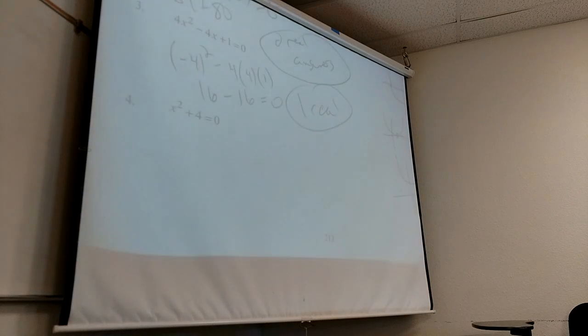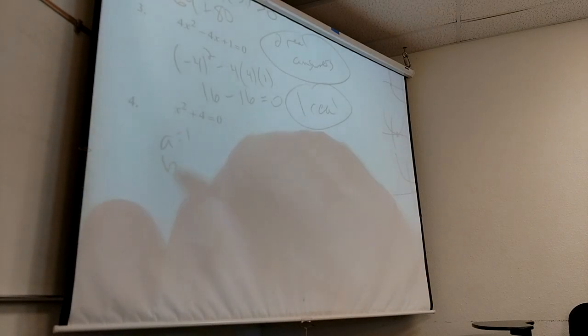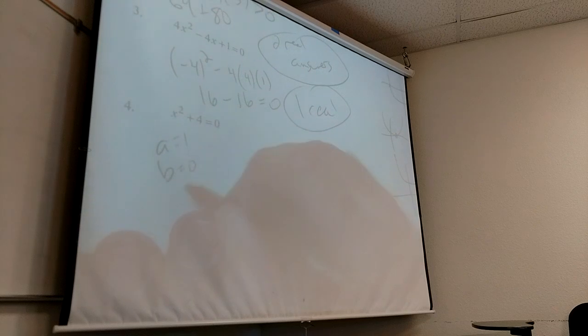So what about number 4 if you haven't done that one yet? So again, A is 1, B is 0, because there's no x term. And C is 4.